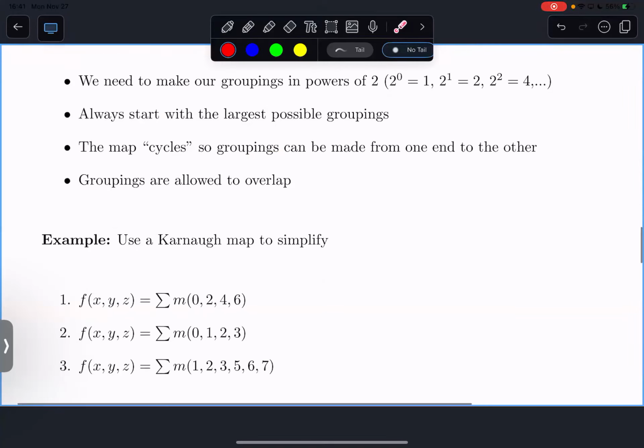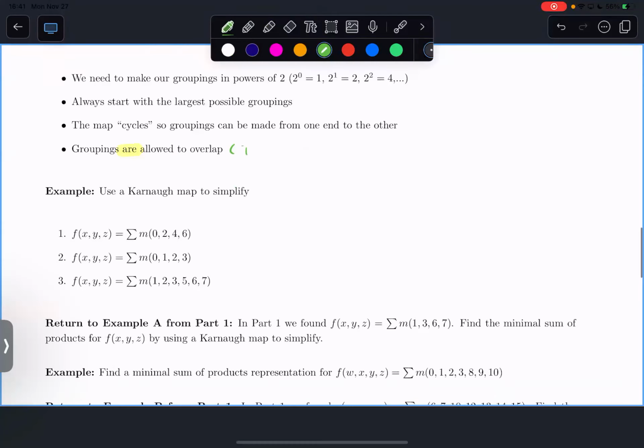And groupings are allowed to overlap if necessary, but do not include redundant groups.